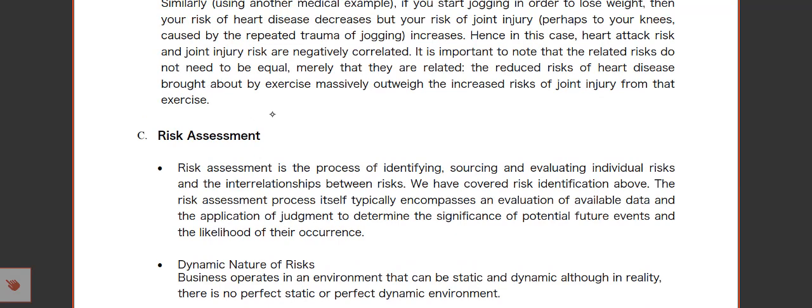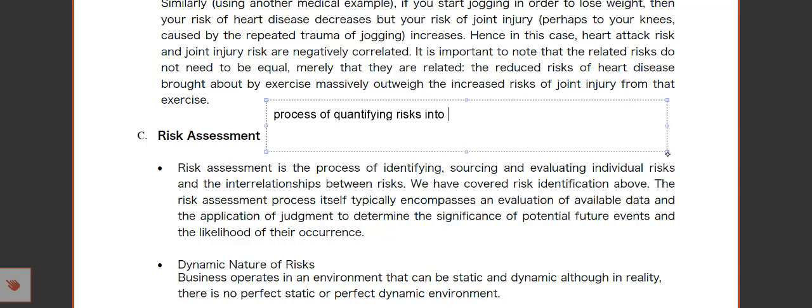So risk assessment is the process of quantifying risk into two things that we will do: the impact and the likelihood.